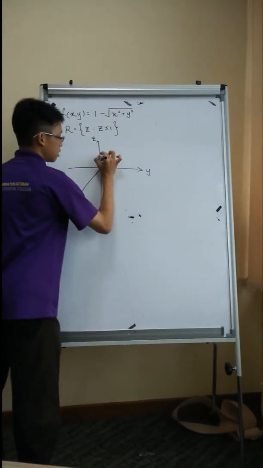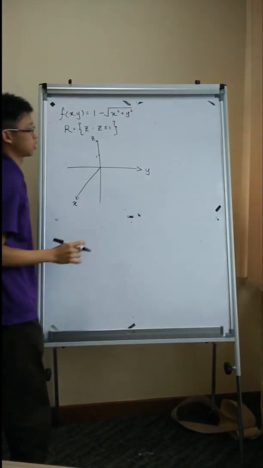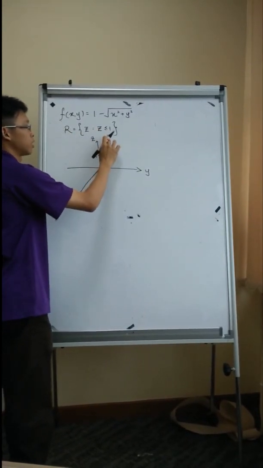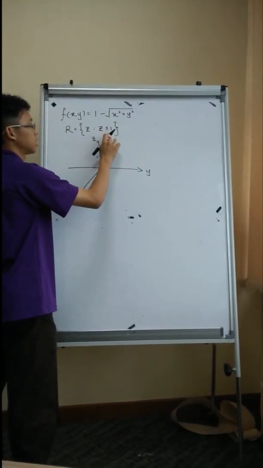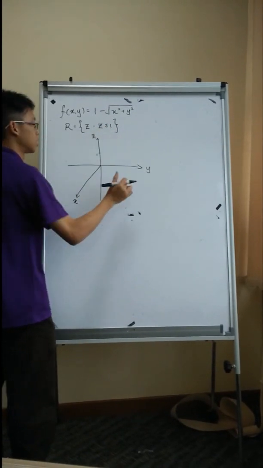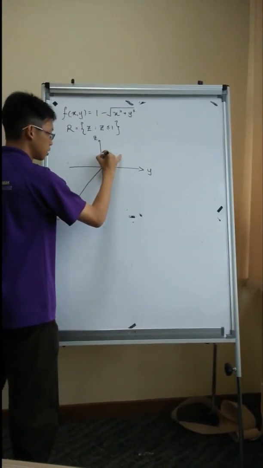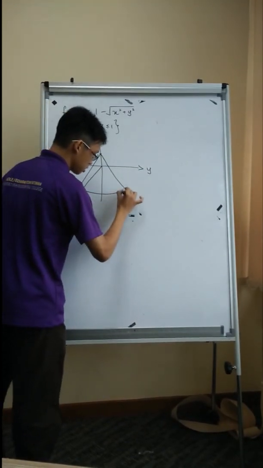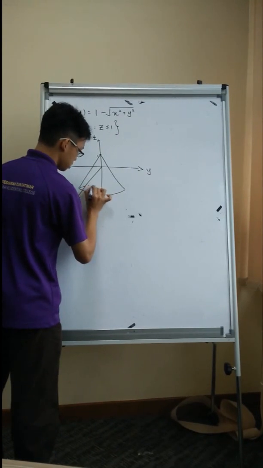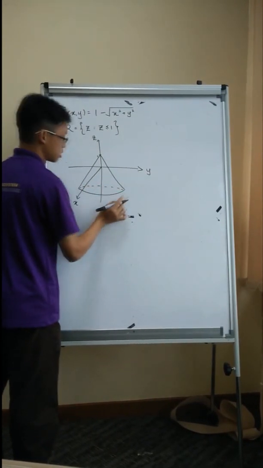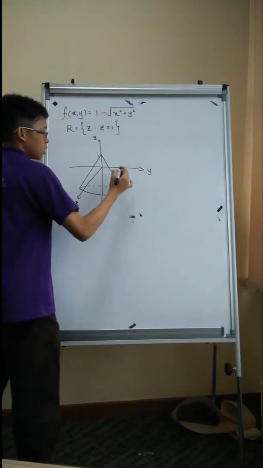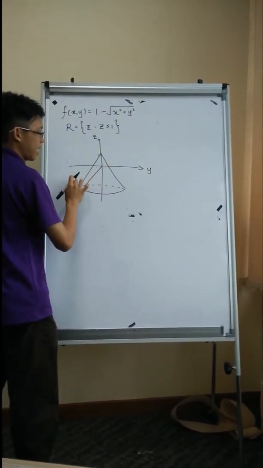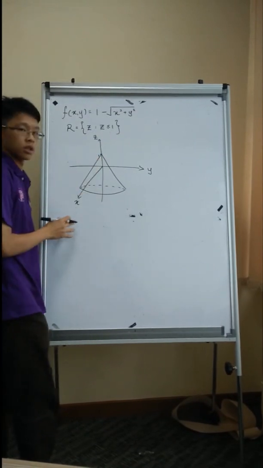So point 1 is on the z-axis, because the range already told us that this function is less than 1. So it is a cone. So just now we have found the values of x, y and z in the contour level.